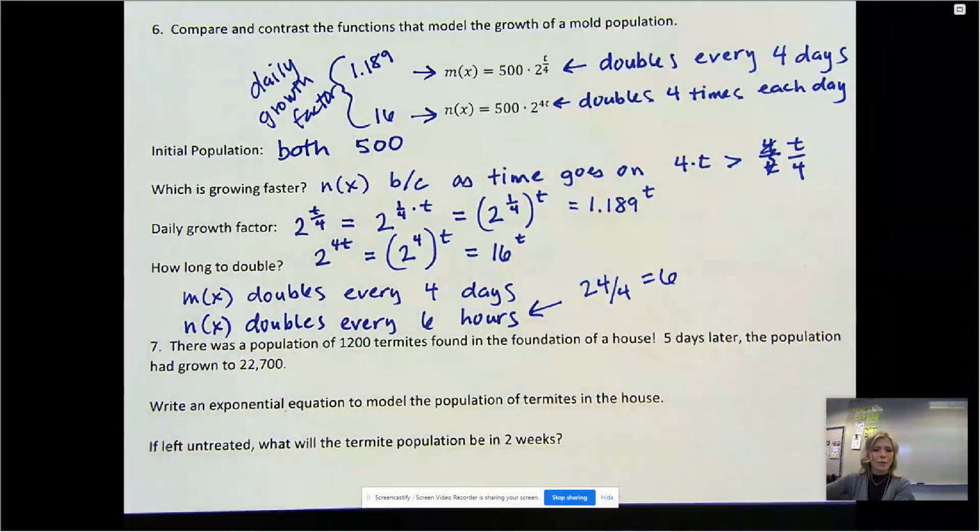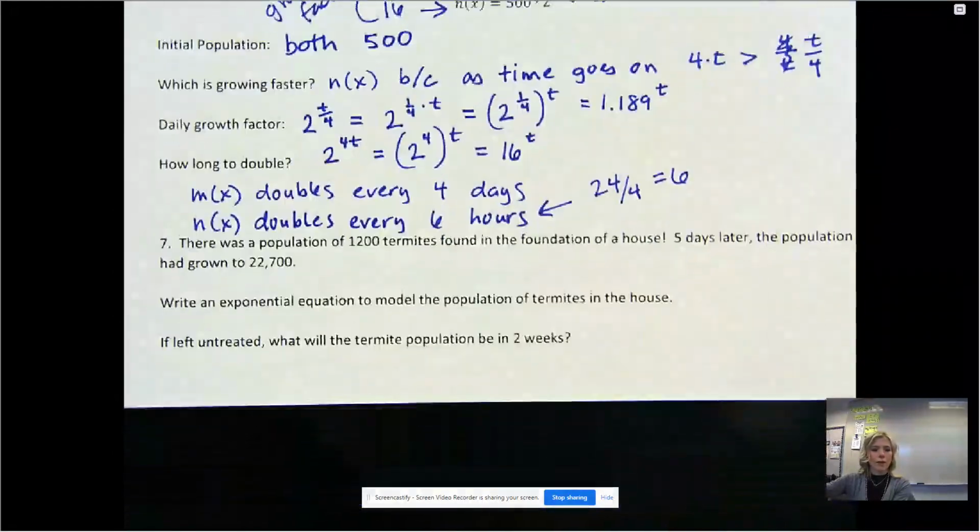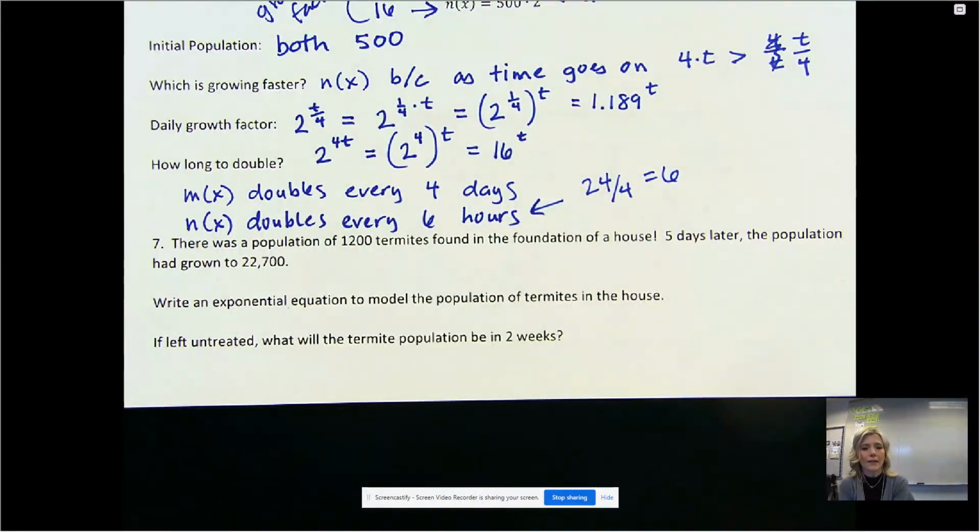Okay, last problem. Population of 1,200 termites, yikes, found in the foundation of a house. 5 days later, the population had grown to 22,700. So this is similar to the problem we did in class, about the giant snail invasion. It's nice because we do know the initial amount.